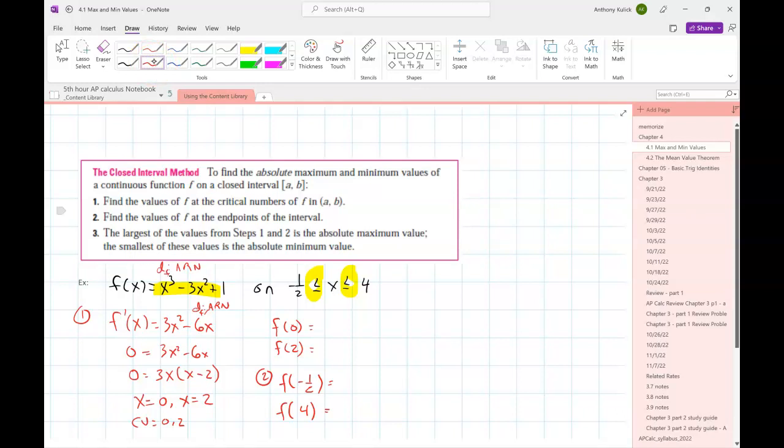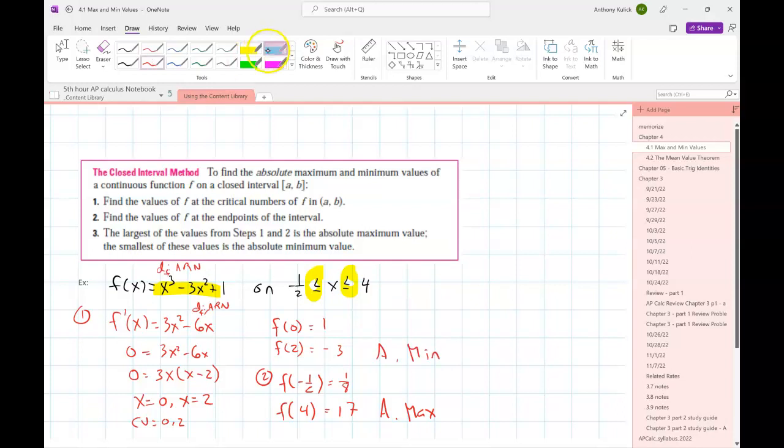And I've done this already, so I'm just going to write down the numbers here for us. So f of 0 is 1, f of 2 was -3, f of -1/2 is 1/8, and then f of 4 is 17. So this is my absolute maximum, and this is my absolute minimum.